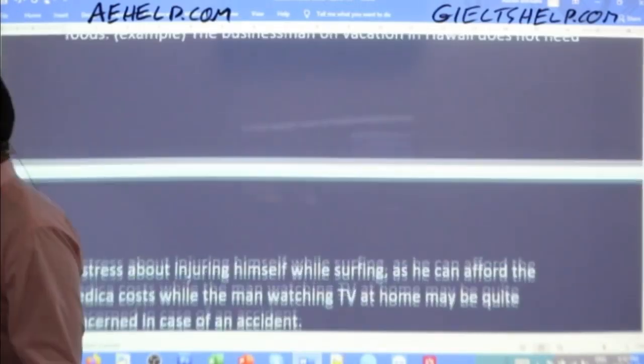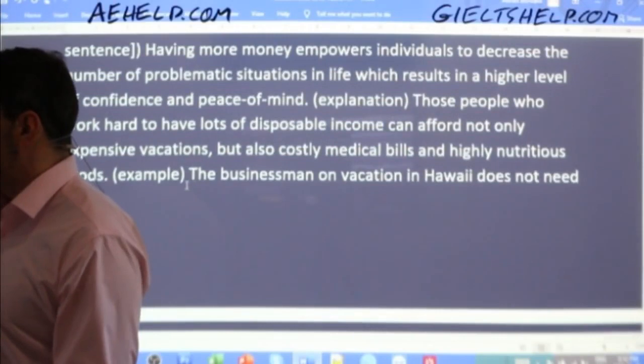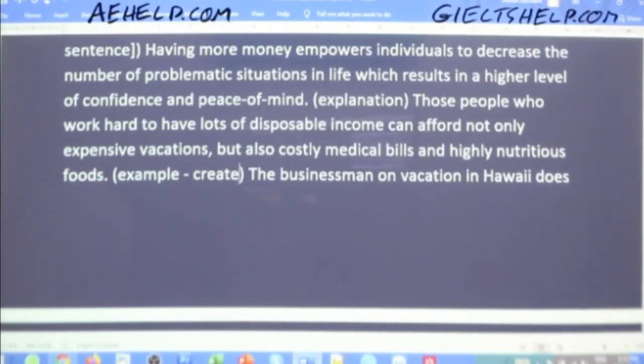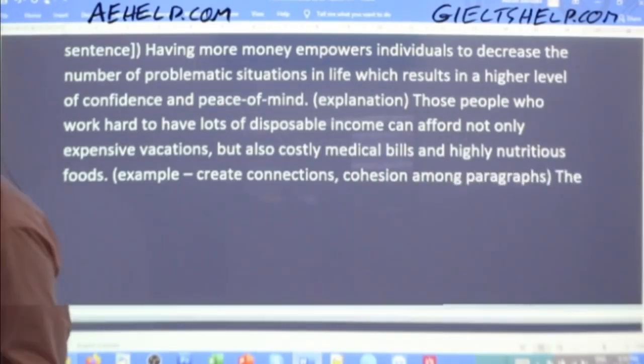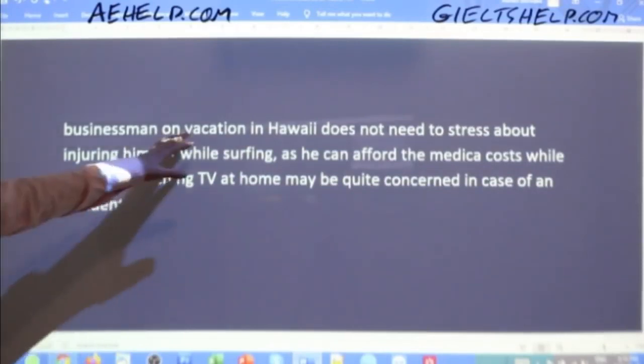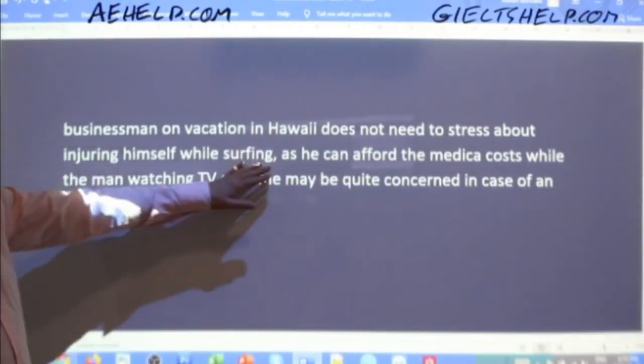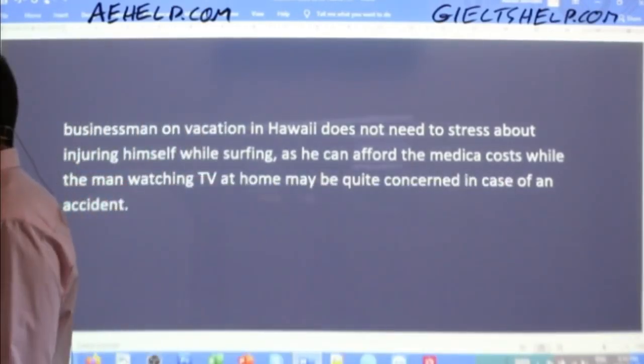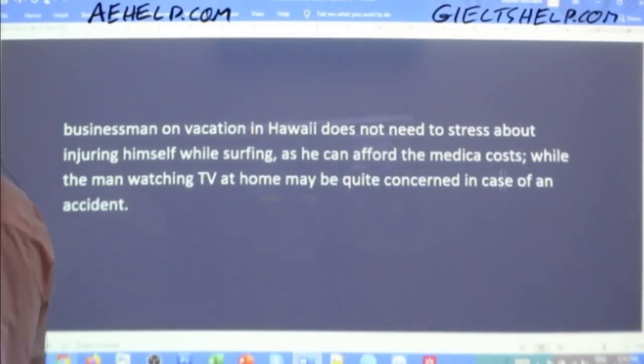All right. So again, remember students, with the examples, that's one really good place to create connections and cohesion among your paragraphs. Okay? So the businessman on vacation in Hawaii does not need to stress about injuring himself while surfing, as he can afford the medical costs; while the man watching TV at home, okay, I'm going to use a semicolon here, may be quite concerned in case of an accident.